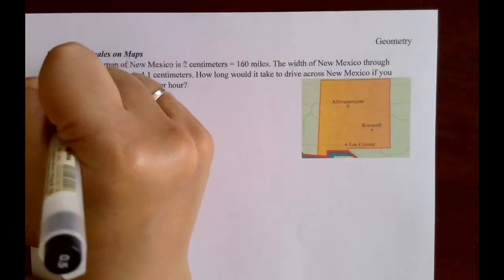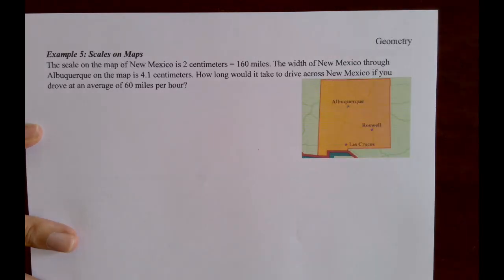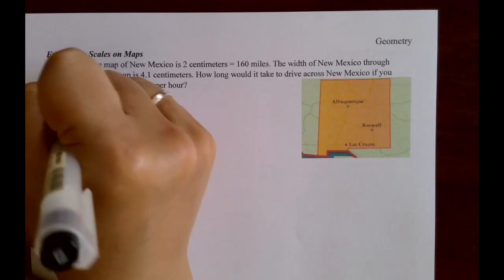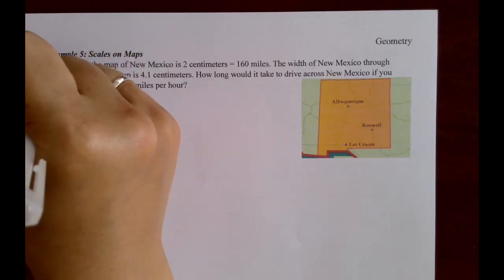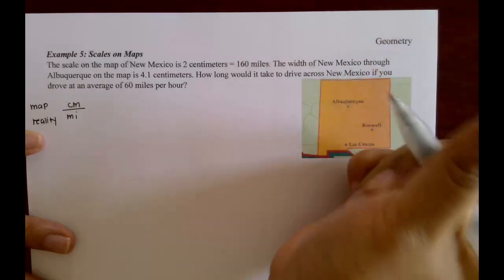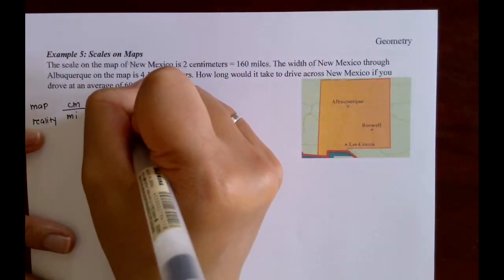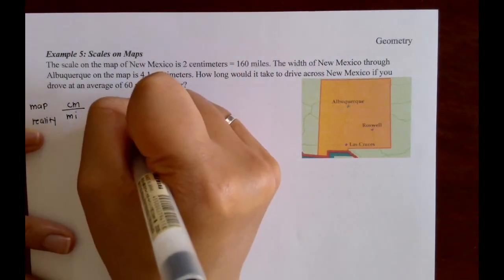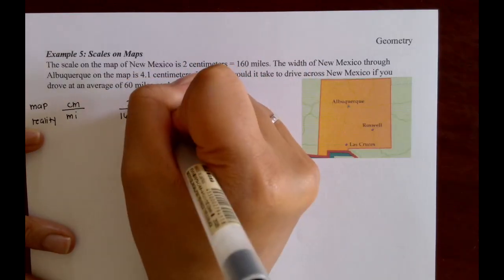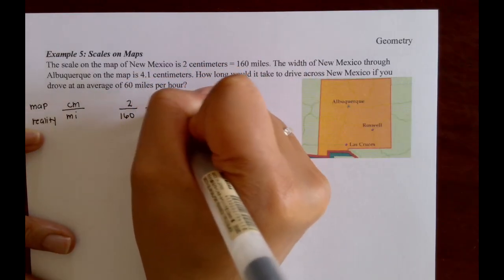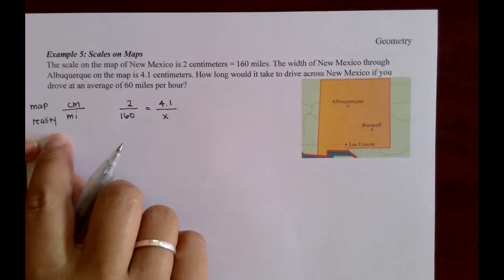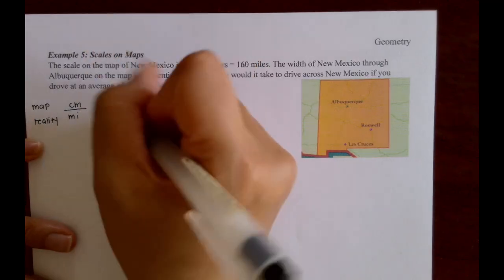So here we're going to do centimeters to miles, also known as our map length compared to our reality. Okay. So we know on the map 2 centimeters is 160 miles. So if on the map it is 4.1 centimeters, we are trying to figure out what it actually is in miles. Okay. So then we're going to cross multiply.